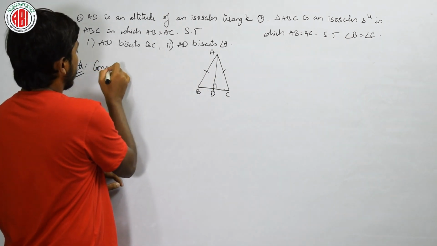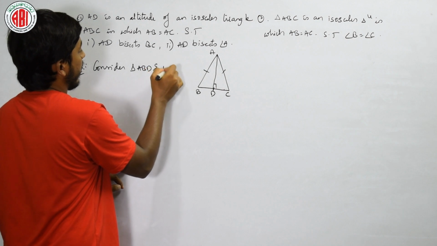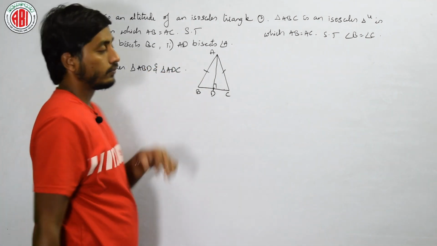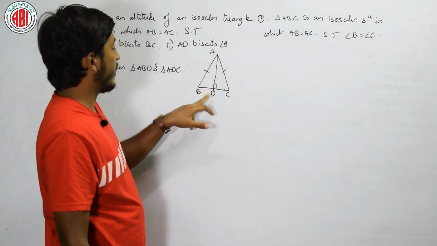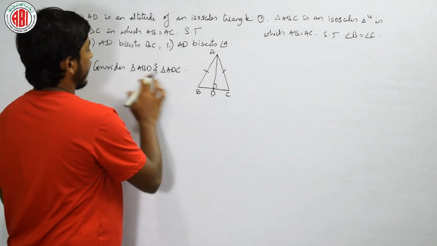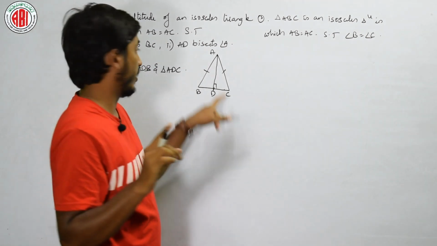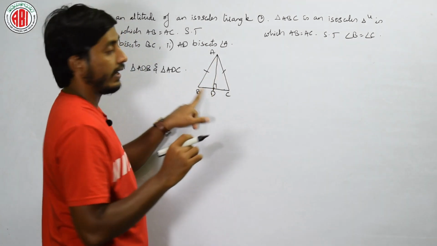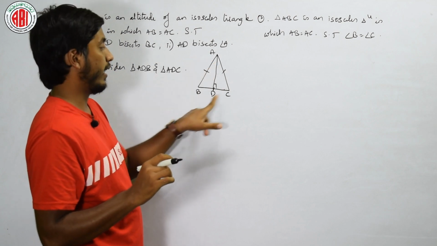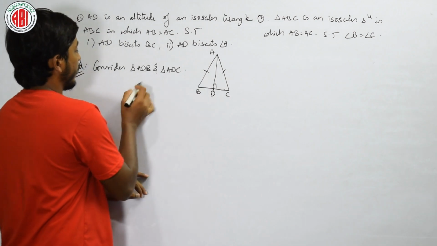Consider triangle ABD and triangle ADC. Let us write triangle ADB; I already told you not to miss the order. Angle, right angle, one more angle. A, right angle, one more angle.